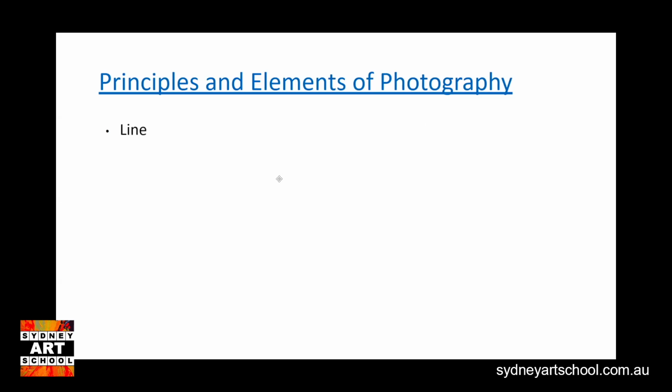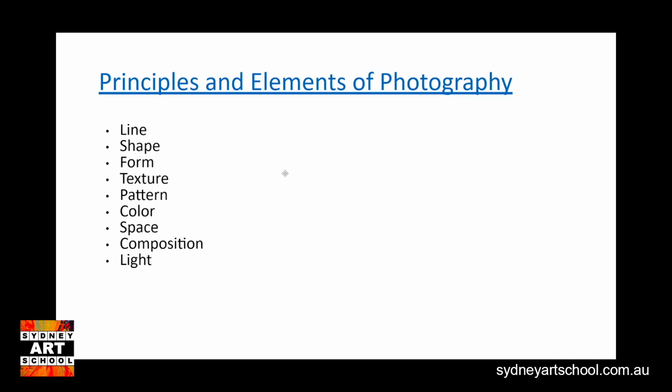So the ones that I've got written down here: line, shape, form, texture, pattern, color, space, composition, light. These were the ones that are probably more specific to photography: light, depth of field, and vantage point or perspective. So as I said, they're quite similar to and have some overlap with the elements and principles of design, but there's a couple like depth of field that are more specific to photography.